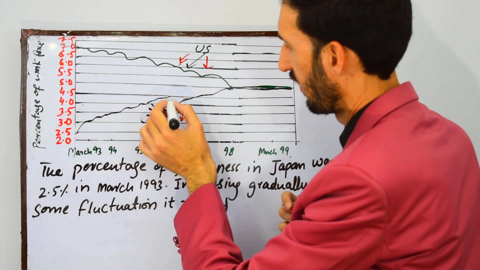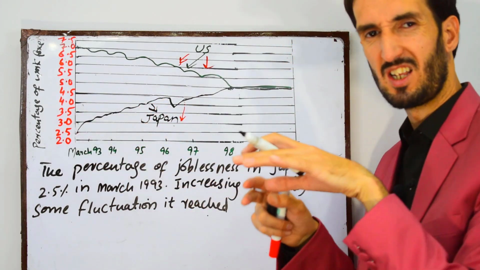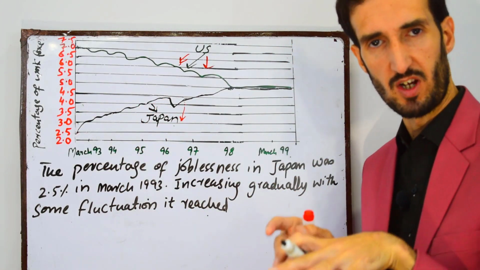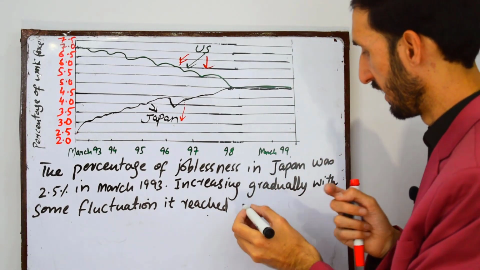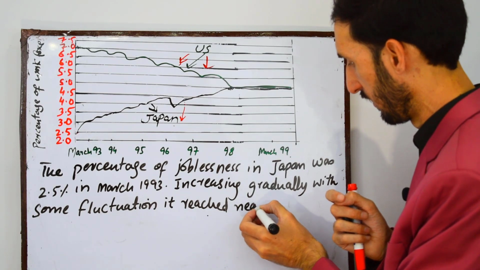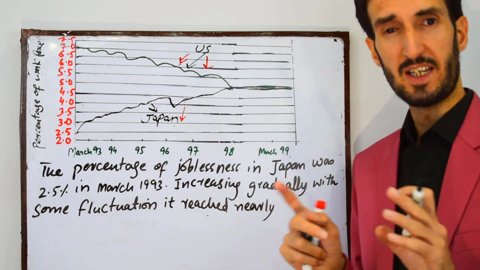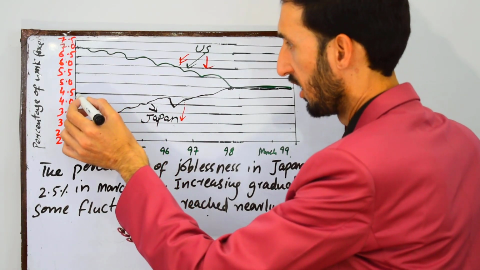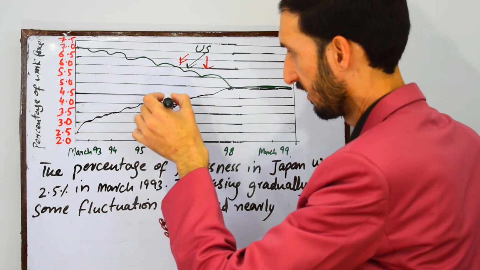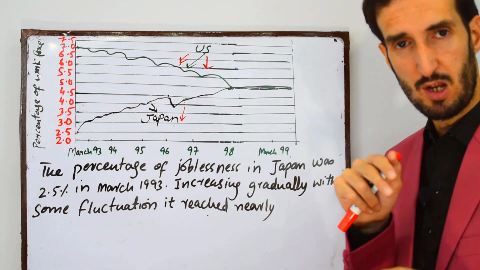Not on 4.5%, but it is below 4.5%. So I will use the word reached nearly. I can't write 4.5% because it is not on 4.5%, right? It is not here. It is below this.